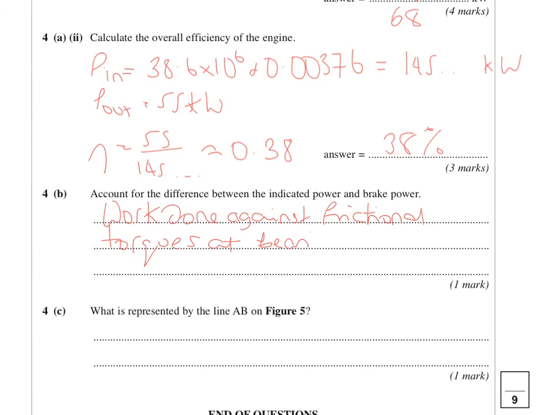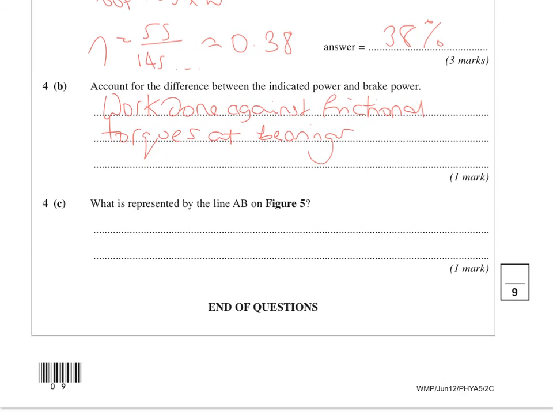So frictional torques tend to act at the bearings on which it's mounted. You could also probably have said that you're taking energy to pump things like coolant and oil around your engine, or to do work during the exhaust phase, any of those kind of things.